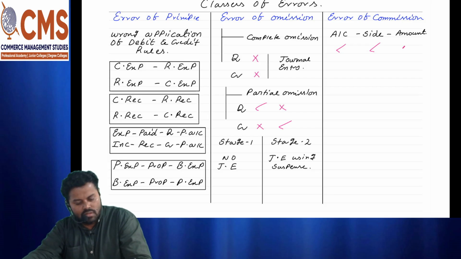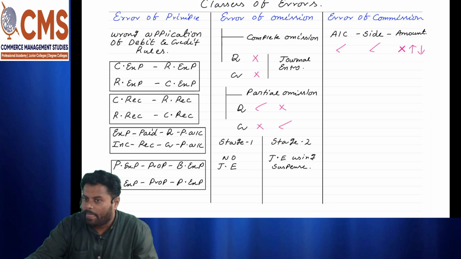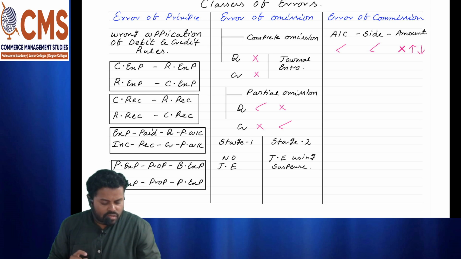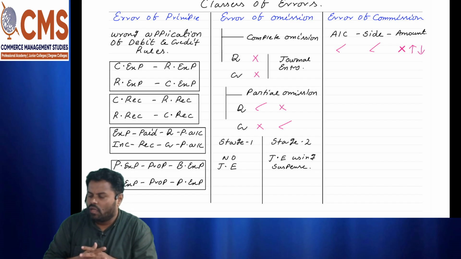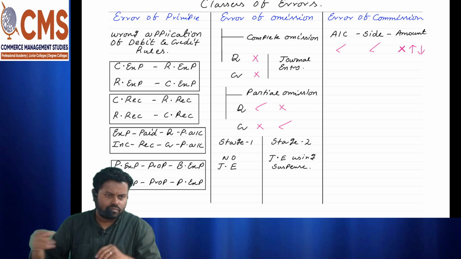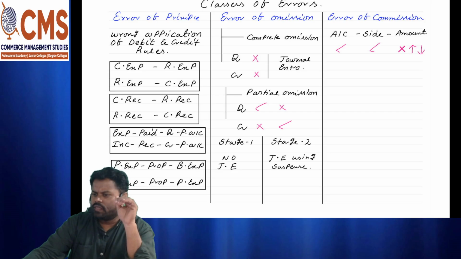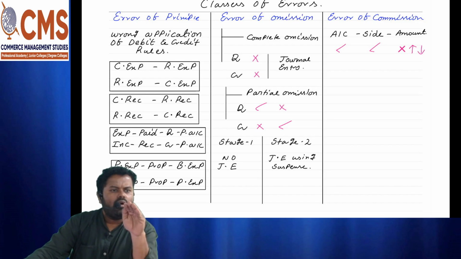What are the two classes? Over or under. Okay. Now, if it is overcasted, you wrote an excess amount. What will you do? Let's go with an example. I have to post a total on the debit side of an account.